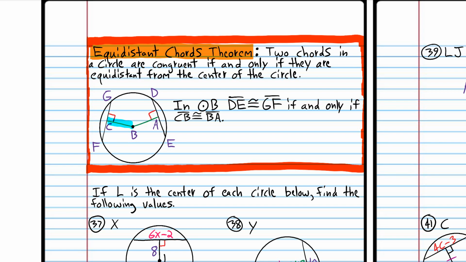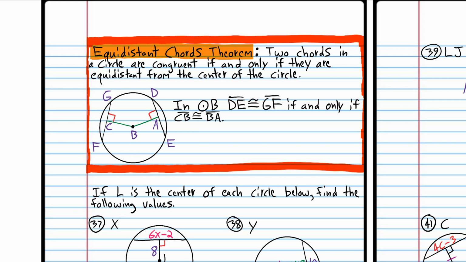Now the reason we have these right angles, and this is something that the geometry curriculum sometimes fails to mention, is that it's assumed that the shortest distance from a point to a line or a segment is the perpendicular distance. So that's why we need those right angles.